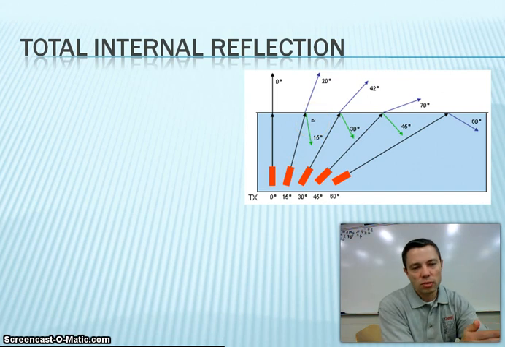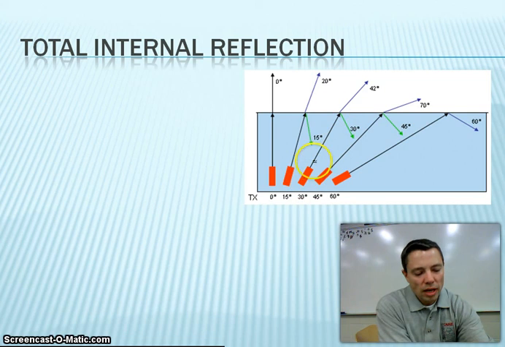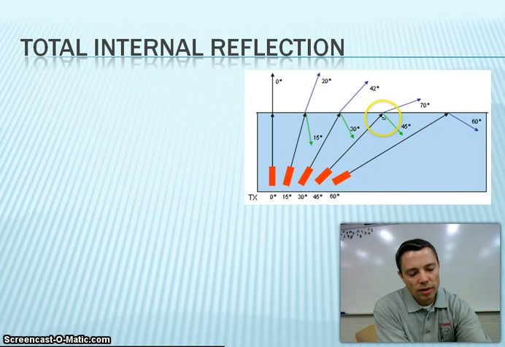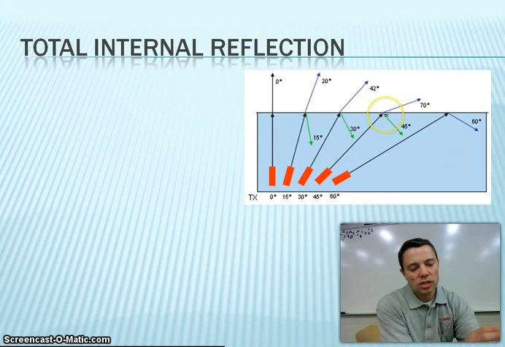Some of the energy gets refracted, some of the energy gets reflected. As you change the angle, you get to a point where you see more and more. Now again, we get to this 45 right here, so we get 45 in the reflected, but then we can see that our angle of refraction is getting extremely close to 90 degrees.